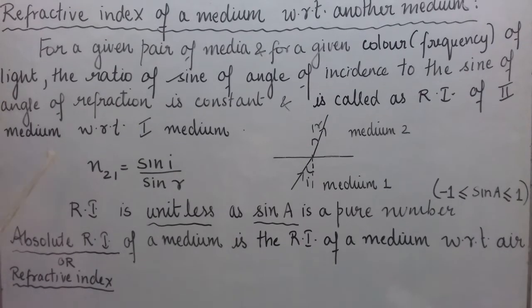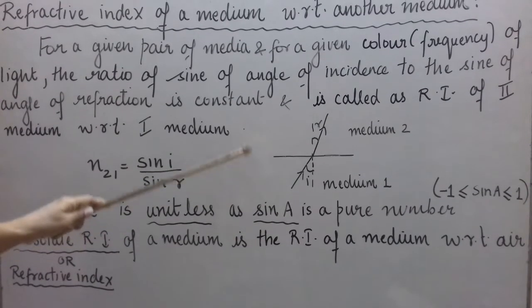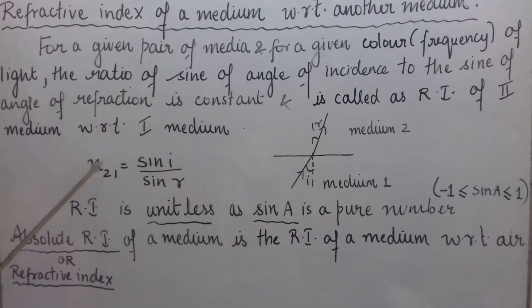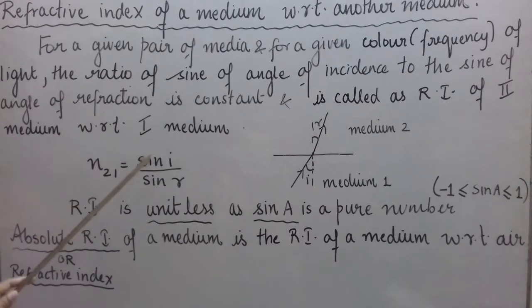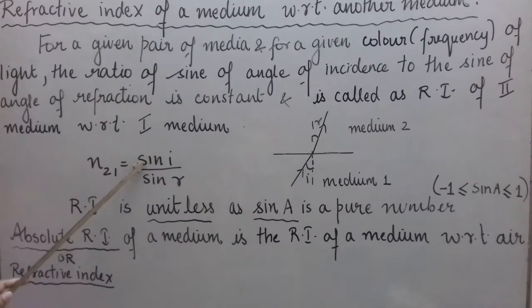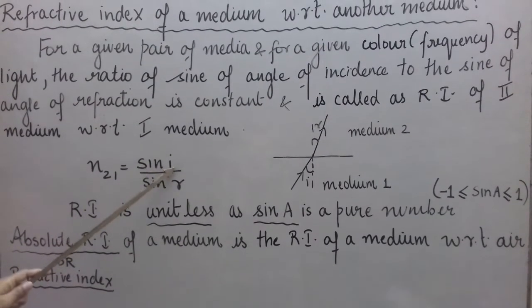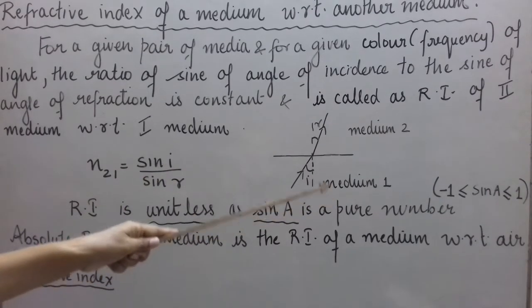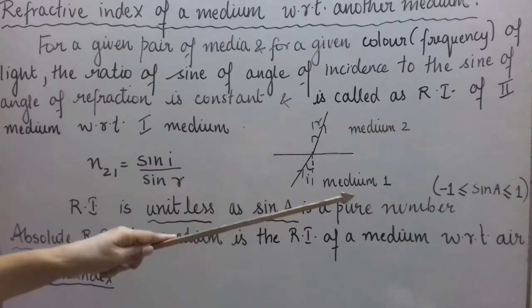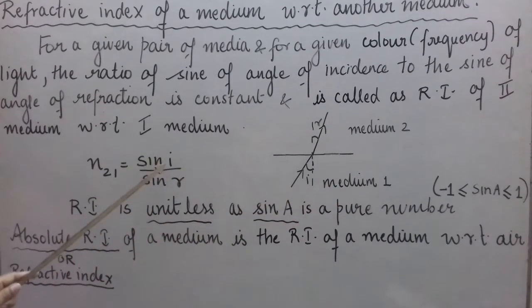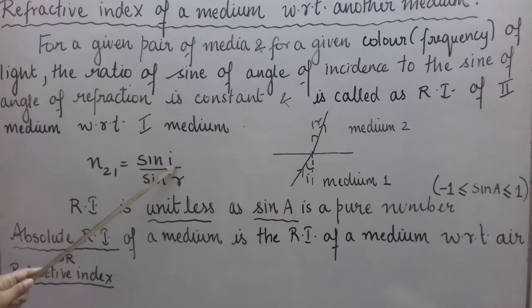So when we keep the color fixed, when we keep the two media fixed, then refractive index of second medium with respect to first medium is constant. I have already told you before that sine of any angle is a trigonometric ratio and its value lies between a range, which is given there. It can be -1, +1, or in between any value depending upon the value of the angle.